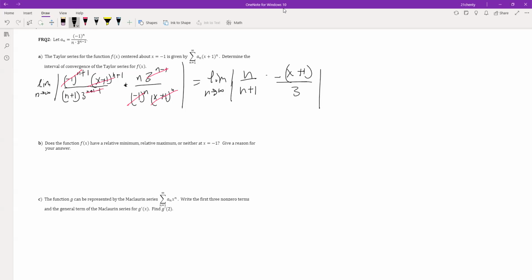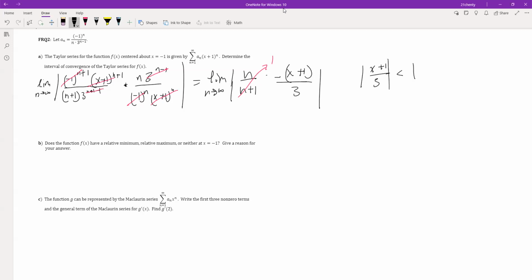Now the limit as n approaches infinity of n over n plus 1 is just going to equal 1. And we don't care about the negative because of the absolute value. So we will say that the absolute value of x plus 1 over 3, for this series to converge, must be less than 1.